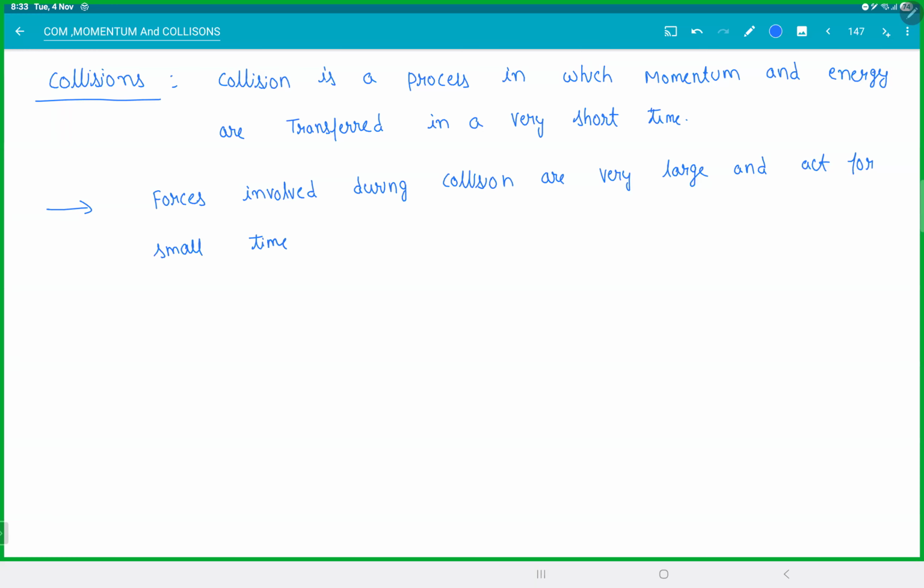These forces are called impulsive forces. Impulsive forces are those which are very large forces, but they act for very small time.